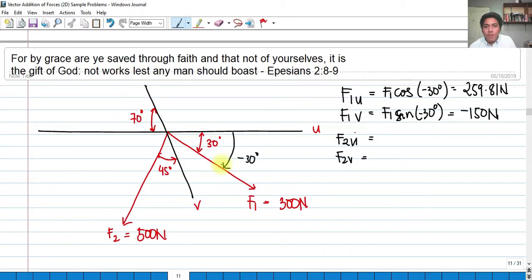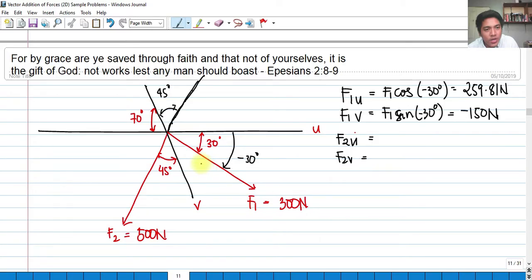So the problem is, if we're going to get F2U, resolve this F2 in terms of U and in terms of V, we don't know the angle of this F2 with respect to this U. So if I'm going to extend this, such that this would be the extension of this force, we can see that this angle, by vertical angles, would be 45 degrees.